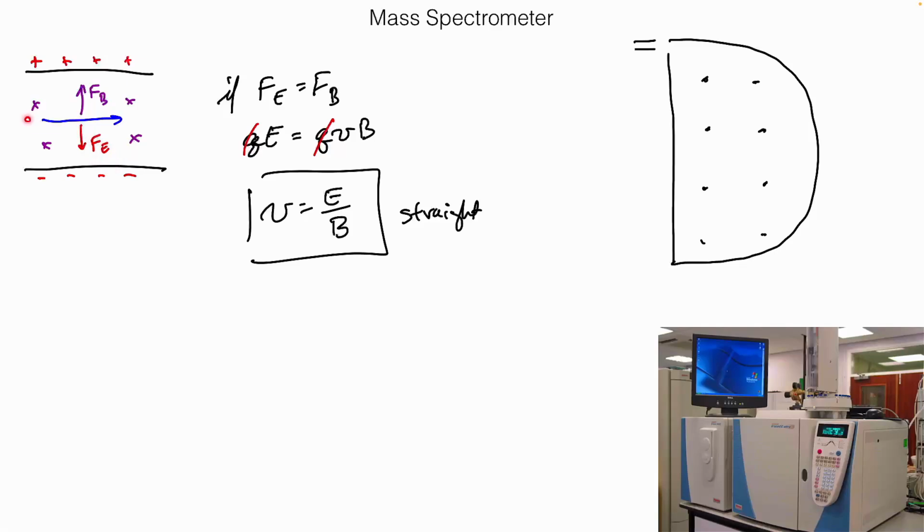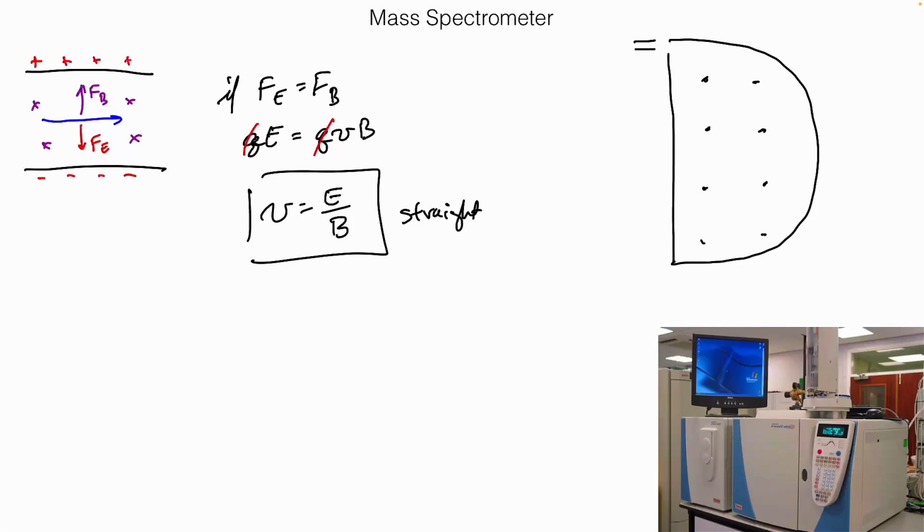Only ions that are moving at this speed can get straight through. So this is why it's a velocity selector. It doesn't give velocity to these things. It just, if the velocity isn't that, then those velocities will get removed.